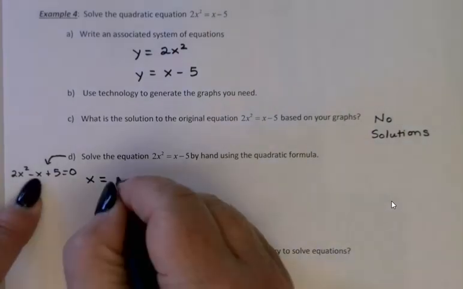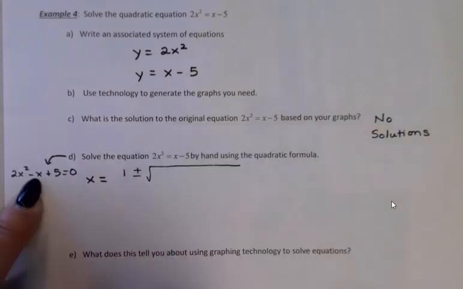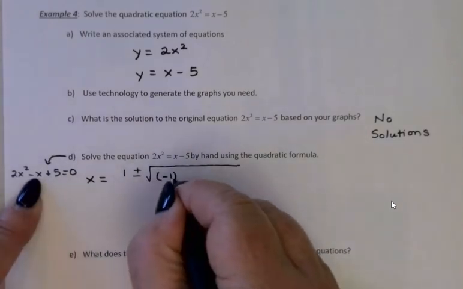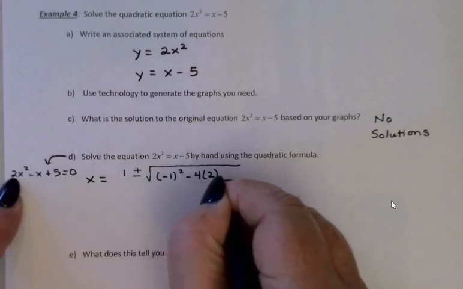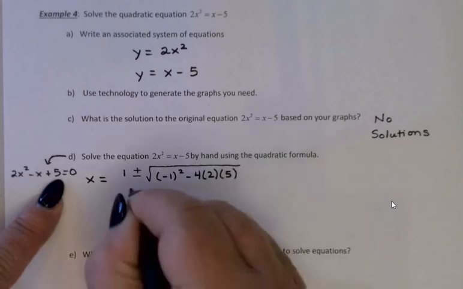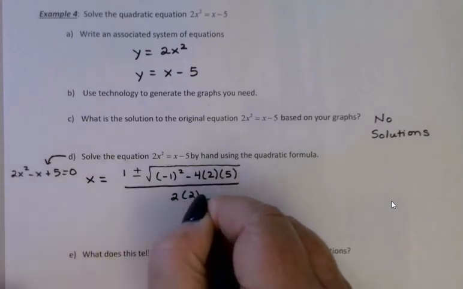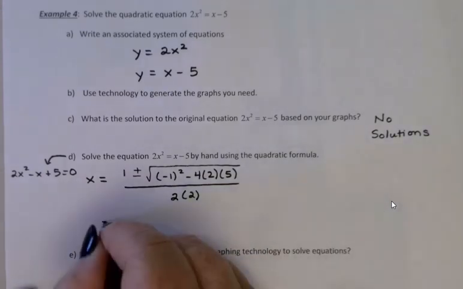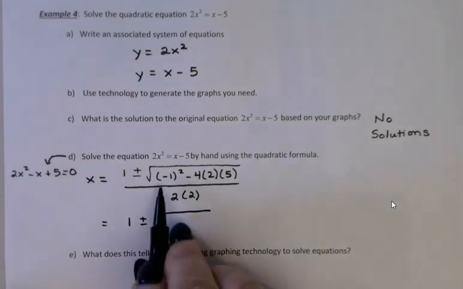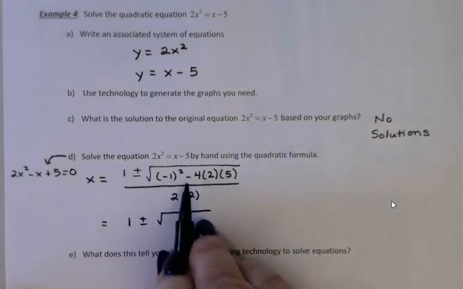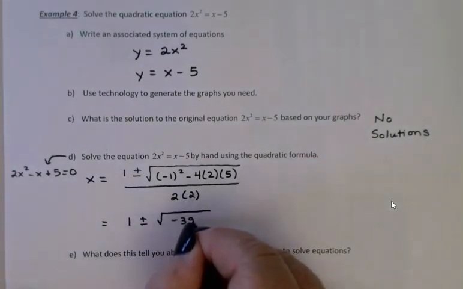And so minus b would be a positive 1, plus or minus the square root of negative 1 squared minus 4 times 2 times 5, over 2 times 2. Under my radical, that's 1 subtract 40, or negative 39.